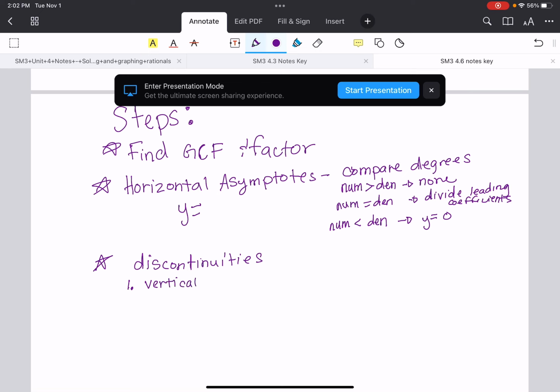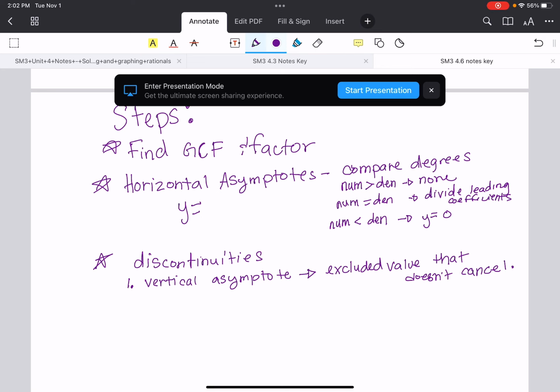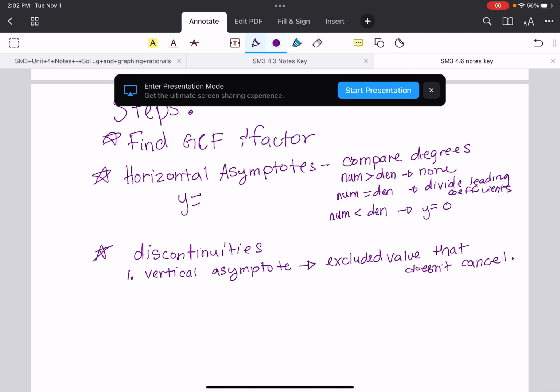The vertical asymptote, which is the excluded value that doesn't cancel. These are always written as x equals.